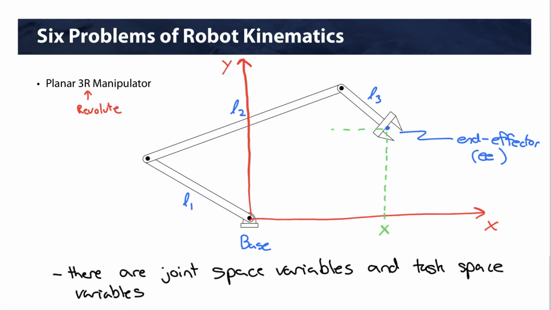This would be our y coordinate. And then the angle of our tool measured relative to the horizontal, we define that as alpha. So we have x, y, and alpha. Those are our task space variables, and they define the pose of our end effector, which means the position and orientation of our end effector.